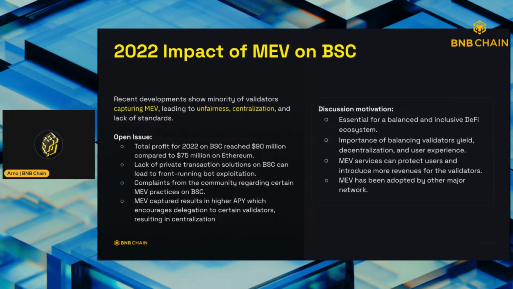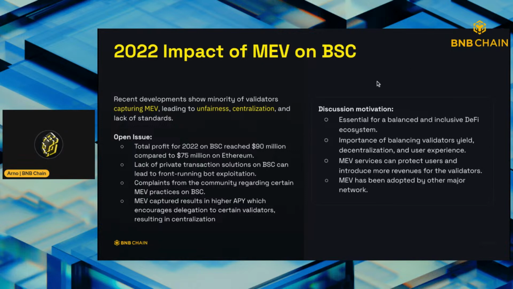So really, the lack of an MEV solution on BSC showed at the end of last year when we realized that only a few validators were able to capture MEV. Just for your understanding, at the end of last year or early this year, only 5 or 6 validators were able to capture MEV, when it is a bit higher now.